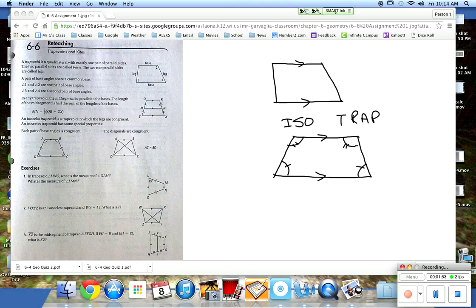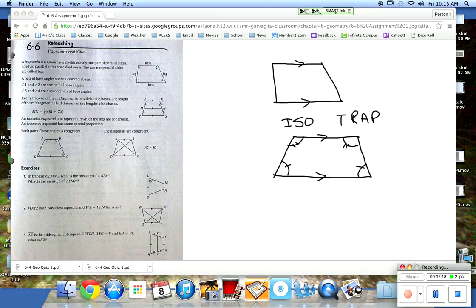Everybody see that? What's an isosceles trapezoid? It has angles, but what determines whether it's an isosceles trapezoid or not? Congruency. Something congruent. The base angles are congruent.